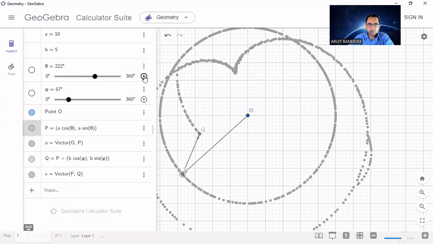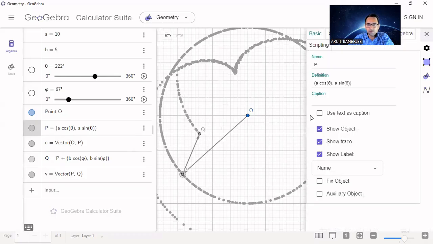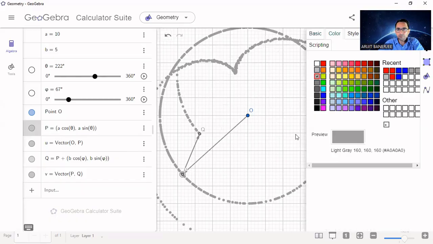Now, to have a clear understanding of the trajectories of these 2 points differently, I will set different colors for this. So for point P, I will set a color, say blue.